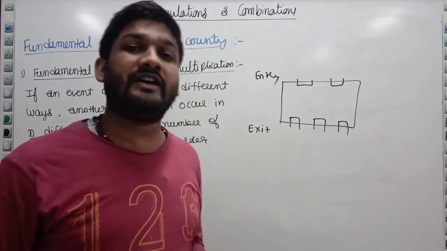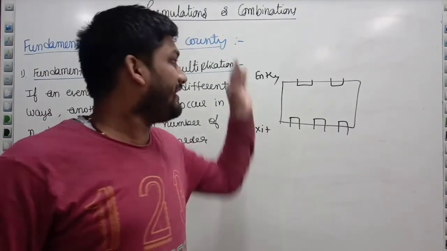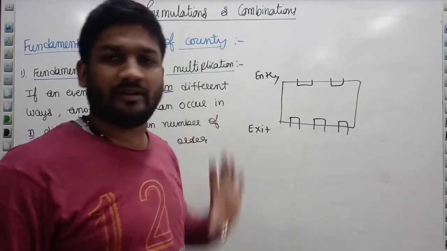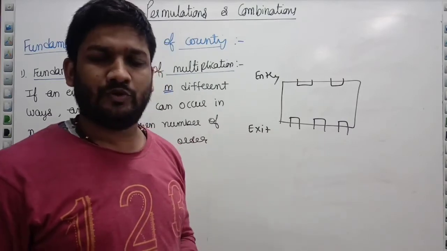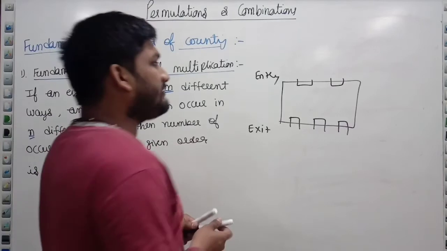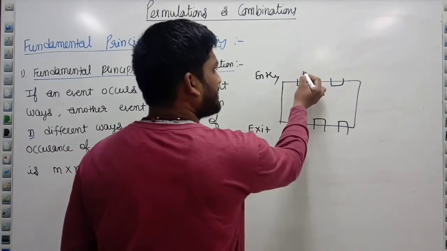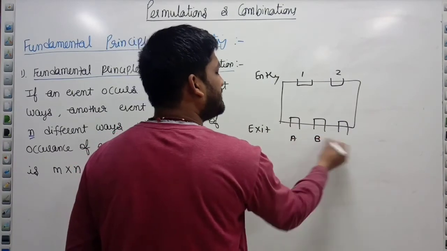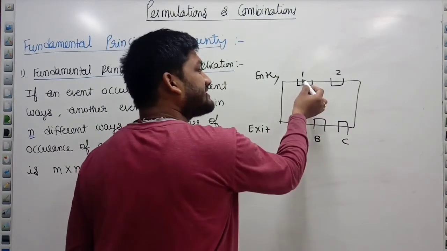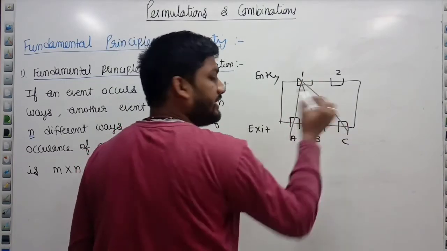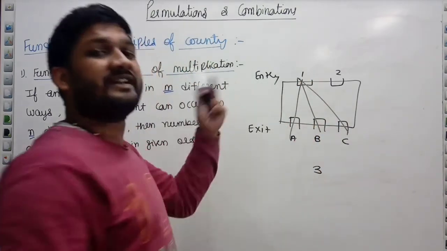In how many ways can a person enter and exit from the theater or this room? If I count it, suppose the gates are named 1 and 2 and the exits are A, B, C. If I enter from the first gate, how many options do I have? 1, 2, 3. I have three options to exit.